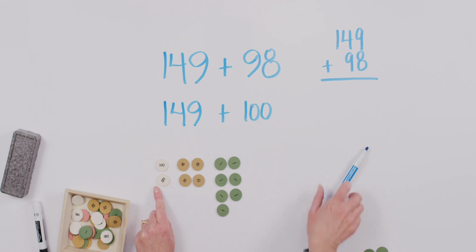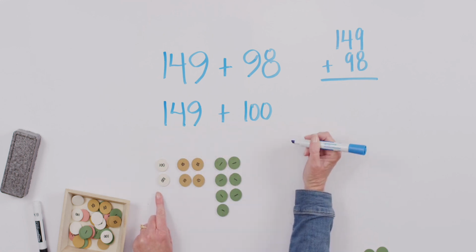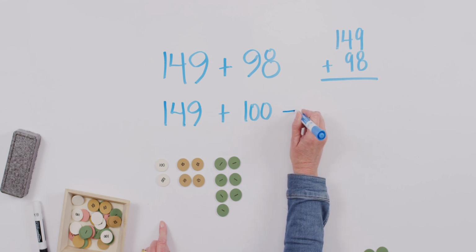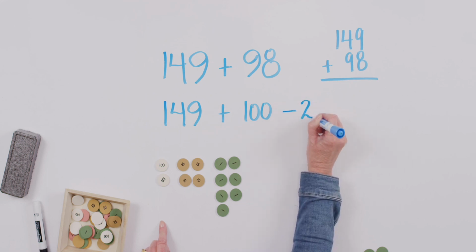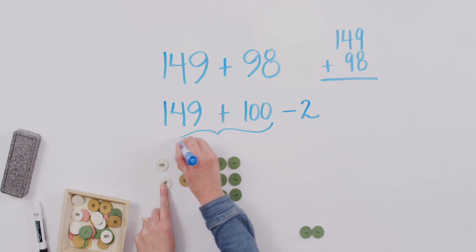Okay? So we see then we did 149 plus 100, but then we subtracted 2, which are represented right here. Okay, let's do this one more time. 149. I want to only add 98, but it's easier for my brain to add 100 because I know what that is.